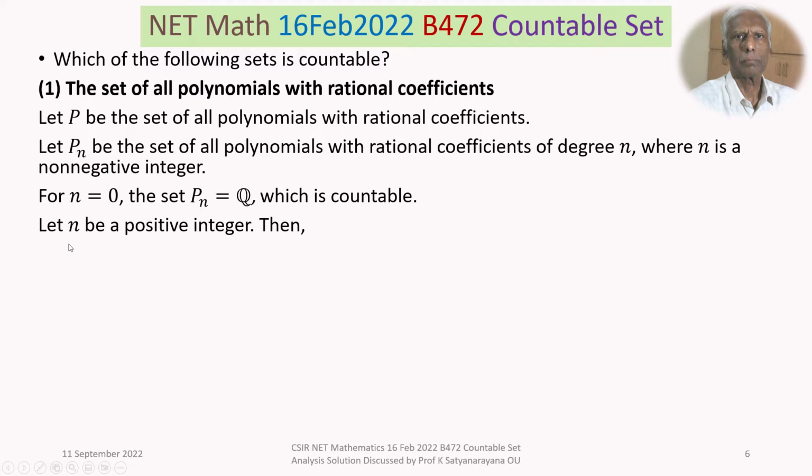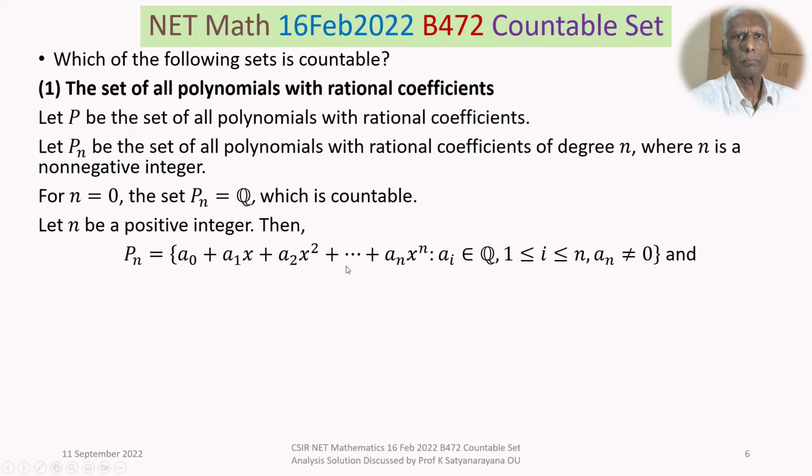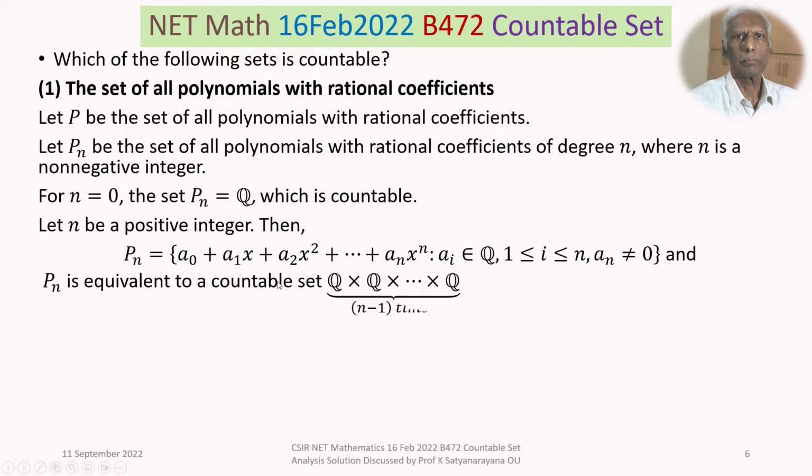Now let n be a positive integer. Then Pn is the set of all polynomials with rational coefficients of degree n, that is a0 plus a1x plus a2x squared plus and so on up to an x to the power of n, where each ai belongs to Q for 0 less than or equal to i less than or equal to n, but an not equal to 0, because we are considering polynomials of degree n. And Pn is equivalent to a countable set.